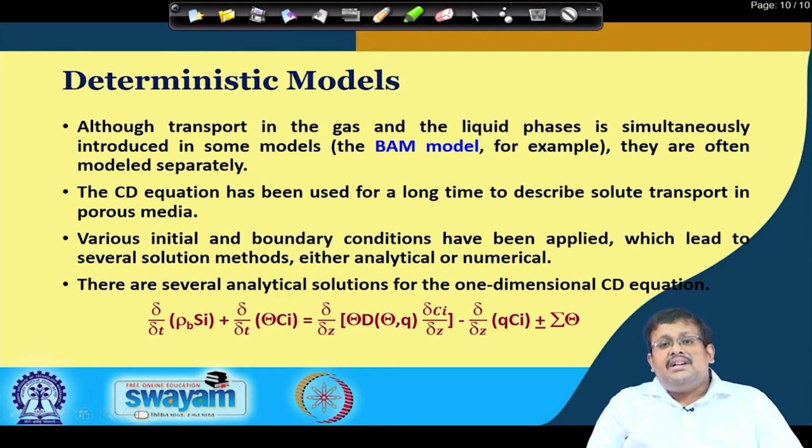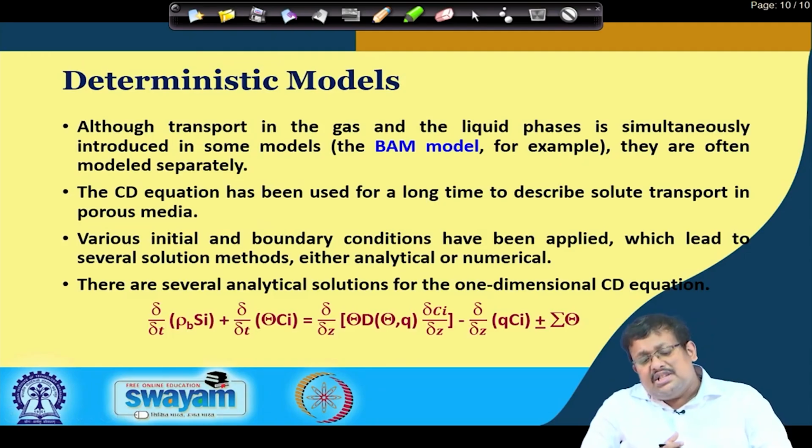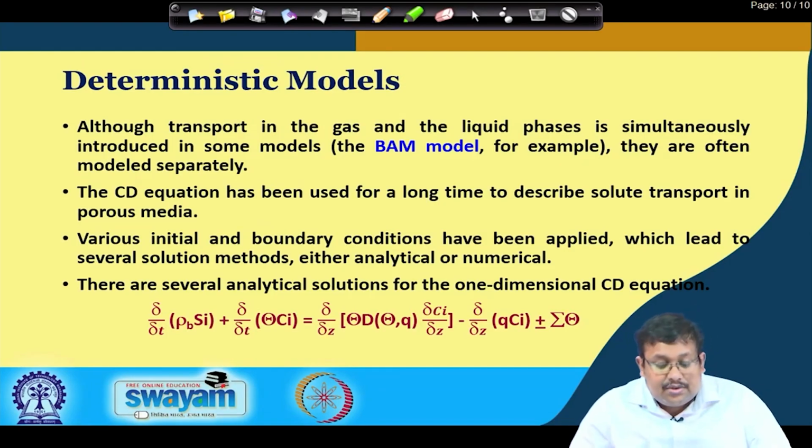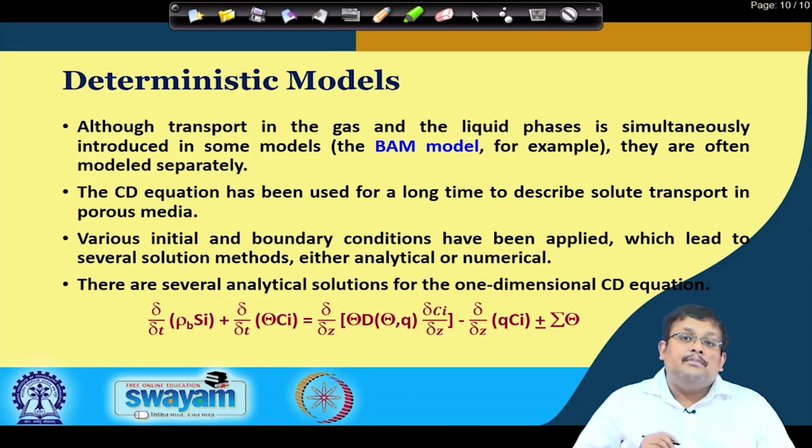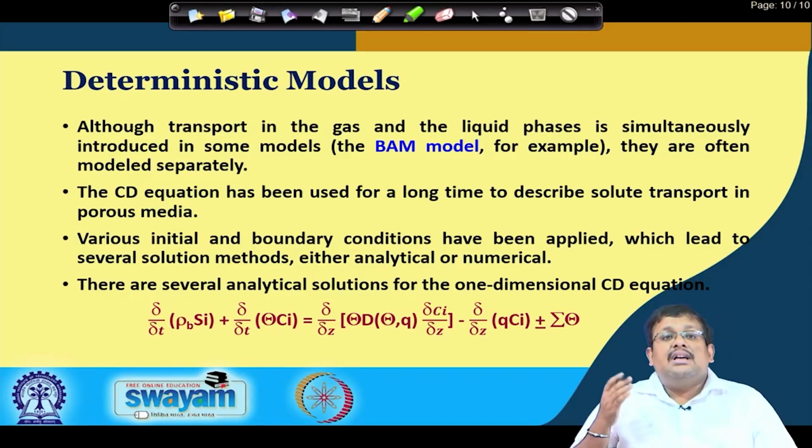Now, in the CD model, although transport in the gas and the liquid phase is simultaneously introduced in some models like the BAM model, they are often modeled separately. Now, the convection dispersion equation has been used for a long time to describe the solute transport in porous media.